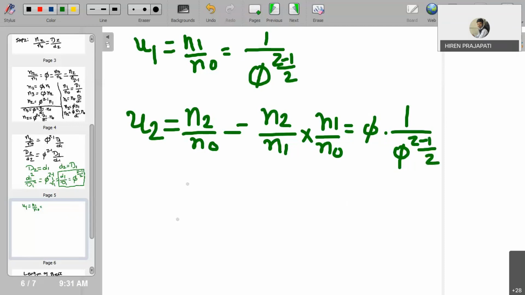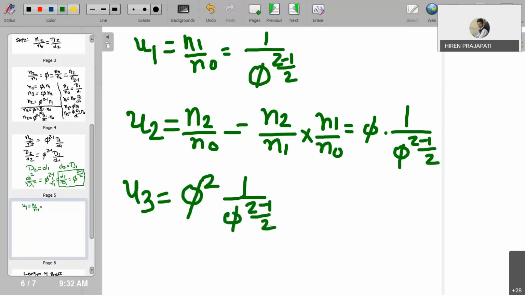Similarly, suppose I want to write it for U3, then what do I need to consider? I need to consider N3 divided by N2 into N2 divided by N1 into N1 divided by N0. Then what will we get here? We'll get phi square by phi to the power (z minus 1) by 2, right? So similarly now, suppose I want to write it for some intermediate speed.